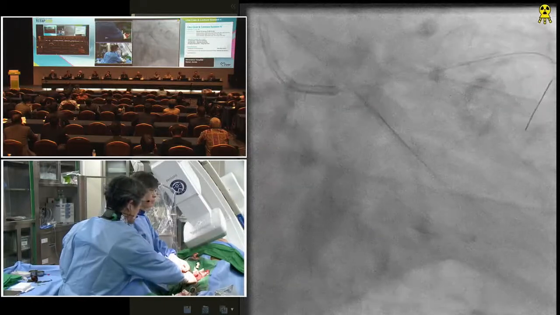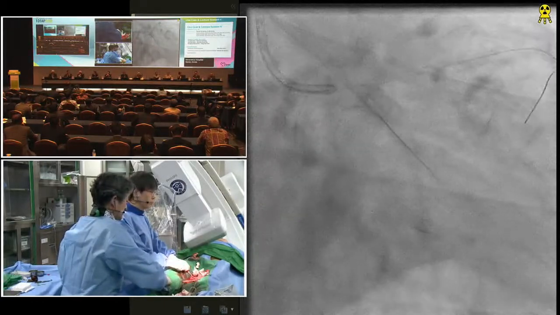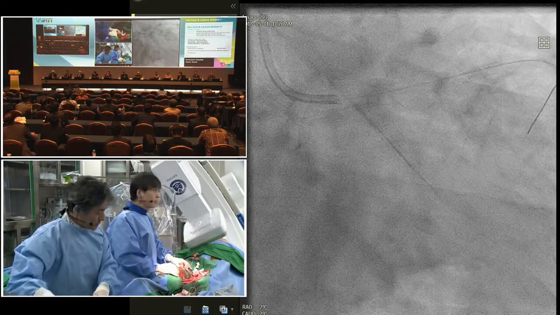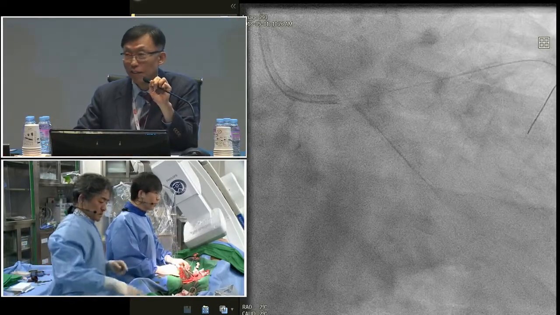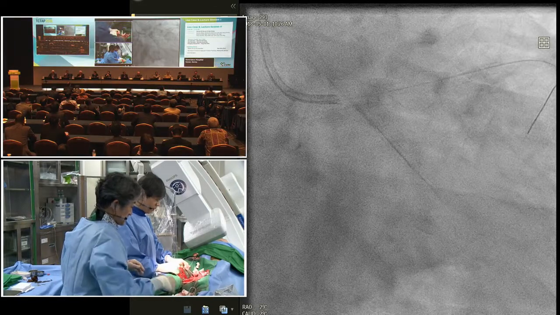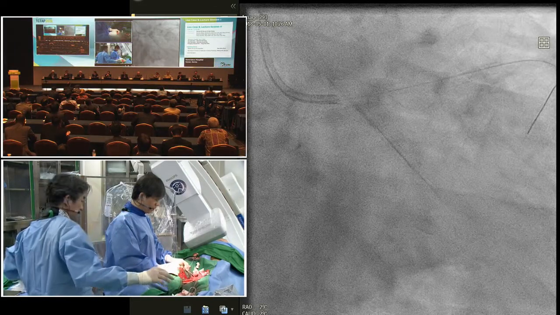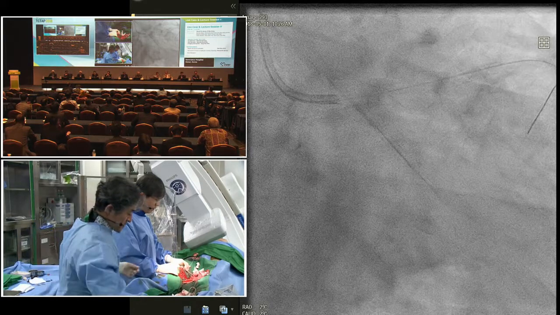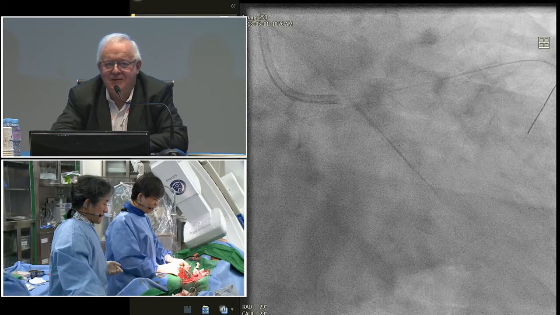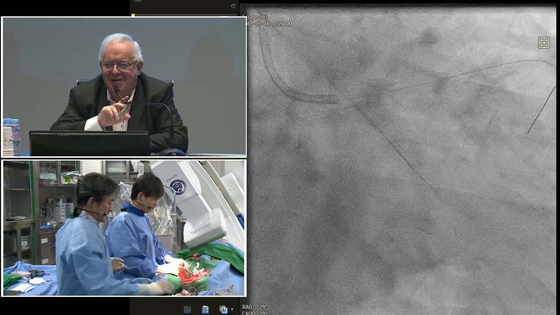I know Dr. Hong doesn't like frequent contrast injection. He wants only IVUS. Yes, but he removes the wire of the circumflex without knowing if there is a dissection distally; it will be difficult to recross.